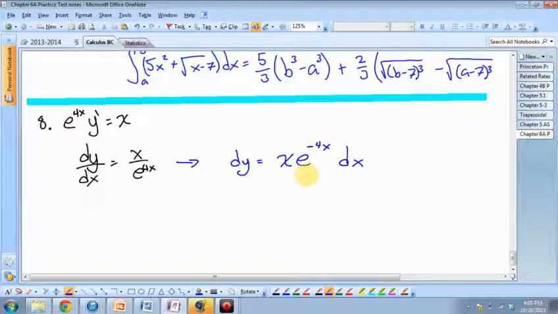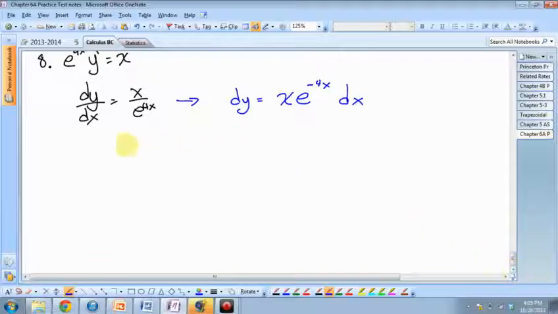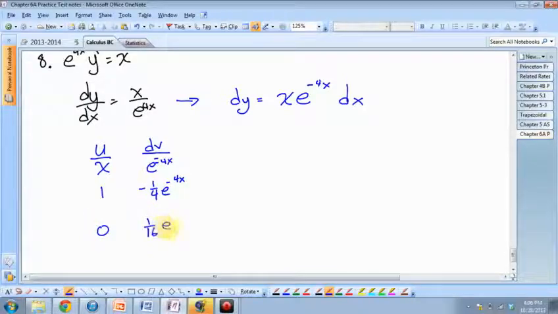In fact, this looks like I can use the tabular method. So if u is equal to x, that makes dv e to the negative 4x. Then 1, negative 1/4 e to the negative 4x. 0, positive 1/16 e to the negative 4x. Yeah, this was nice.